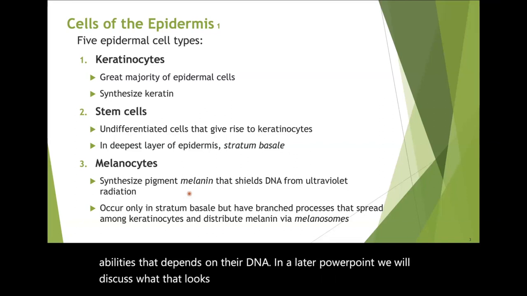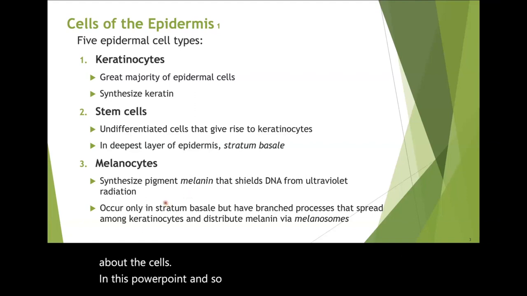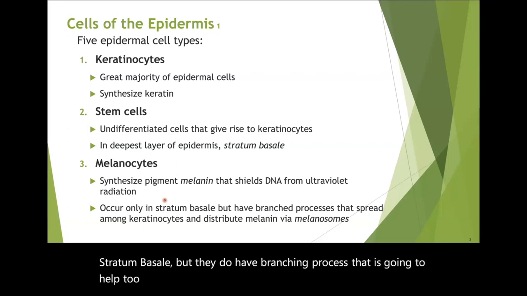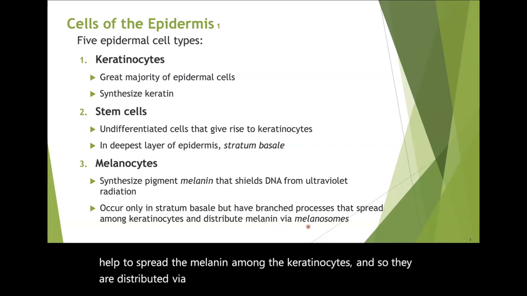We're just going to learn about the cells in this PowerPoint. You're only going to find them in the stratum basale, but they have branching processes that help to spread the melanin among the keratinocytes. They are distributed via something called melanosomes.